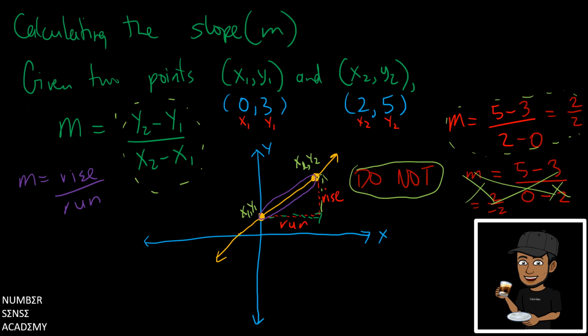I already showed you the point slope form. We know y equals mx plus b. Okay, let's keep this rolling.